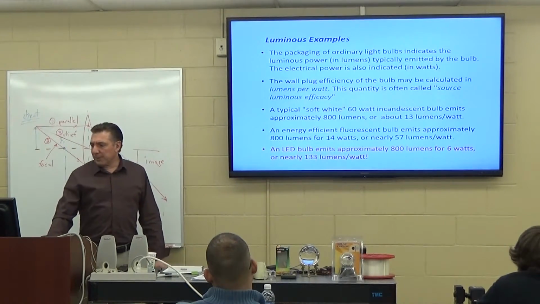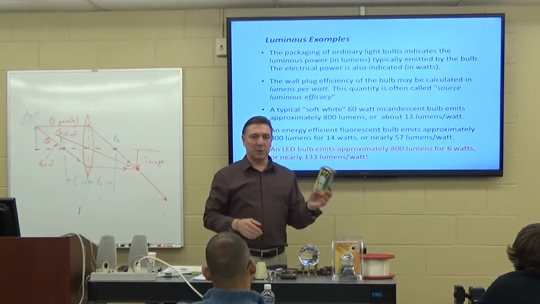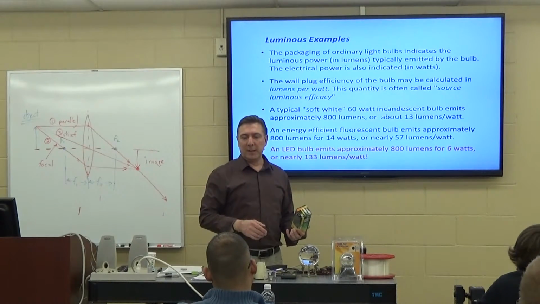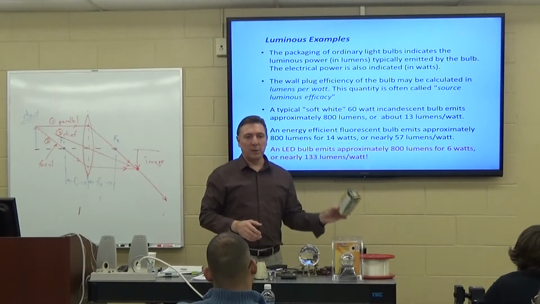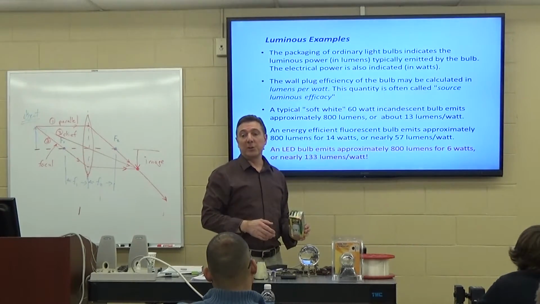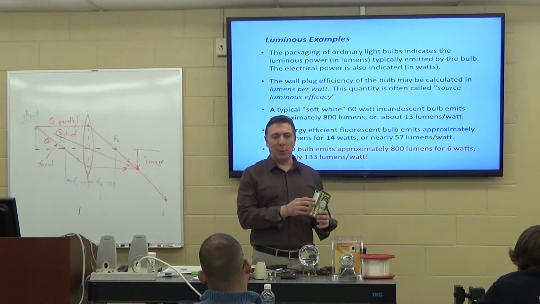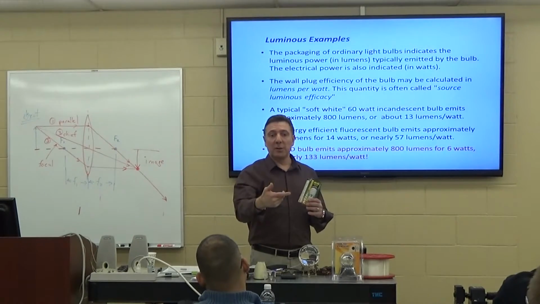So, some examples. When you're looking at your light bulb and you want to find out which one is better, and you want to do the cost-benefit analysis, one of the units we look for is luminous efficiency. Luminous efficiency is how many lumens the bulb puts out per the electrical power consumed.